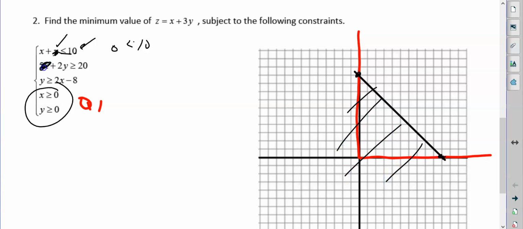I can do the cover-up method here again. So y is 10 again. I'm going to go with a different color. Y is 10, and x is 4. 1, 2, 3, 4.